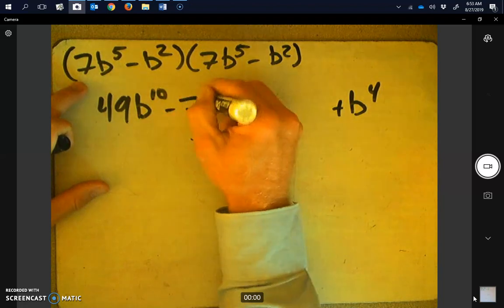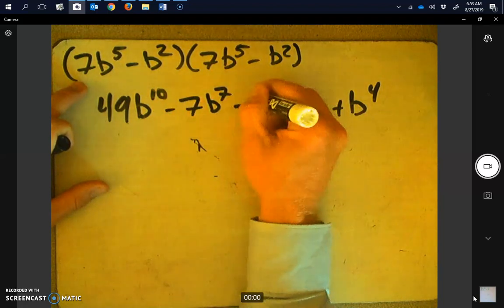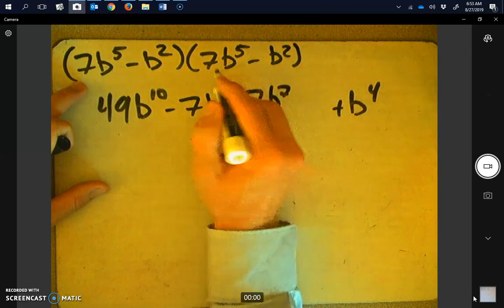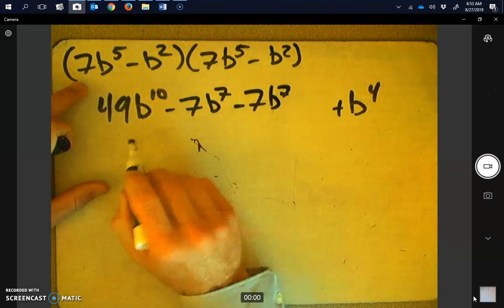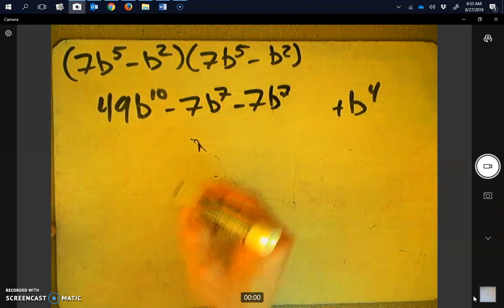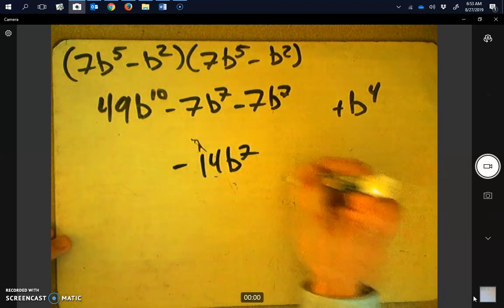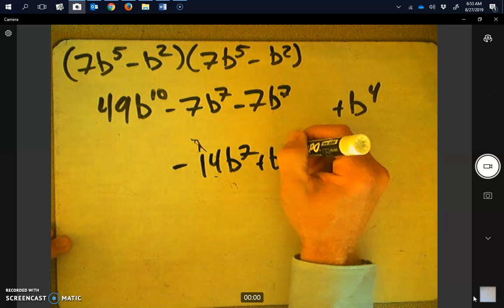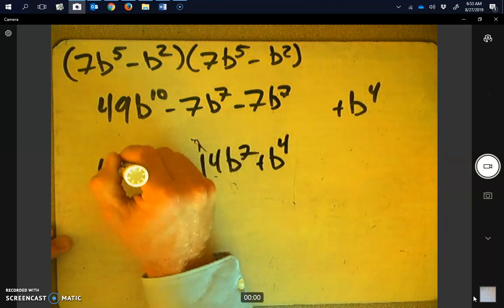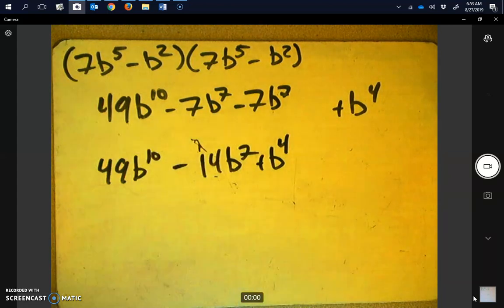So we get negative 7b to the 7, and that's going to be doubled up again. 7 times negative 1 is negative 7, and b to the 7. So these double up, and we get negative 14b to the 7 plus b to the 4 and 49b to the 10.